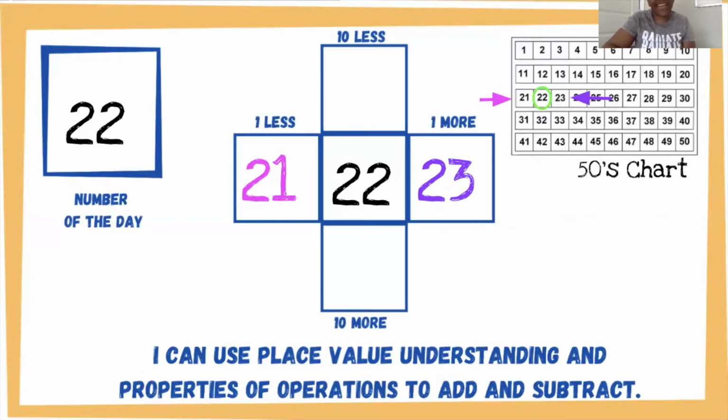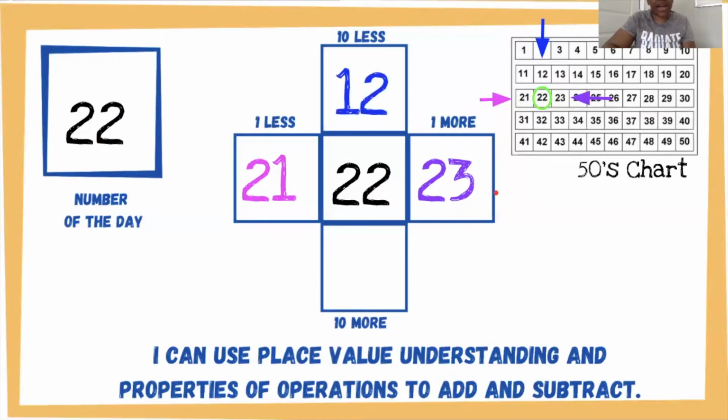The number that is 10 less than 22 should be the row above 22 in your chart and should be right on top of it. Can you find the number that is 10 less than 22? There it is. You found it. The number that is 10 less than 22 is 12.